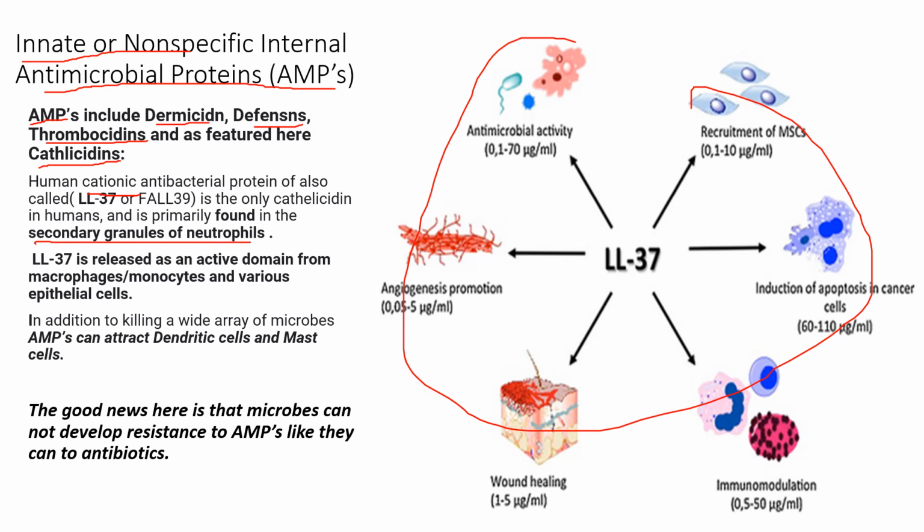Remember, a neutrophil is a granulocyte, and the LL-37 is released as an active domain from macrophages, monocytes as well, and even epithelial cells. So in addition to killing a wide array of microbes, AMPs can attract what's called dendritic cells. Okay, we're introducing this term dendritic cells, and also can attract mast cells.